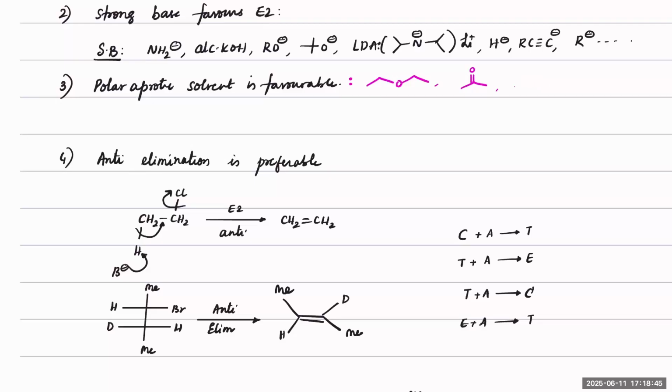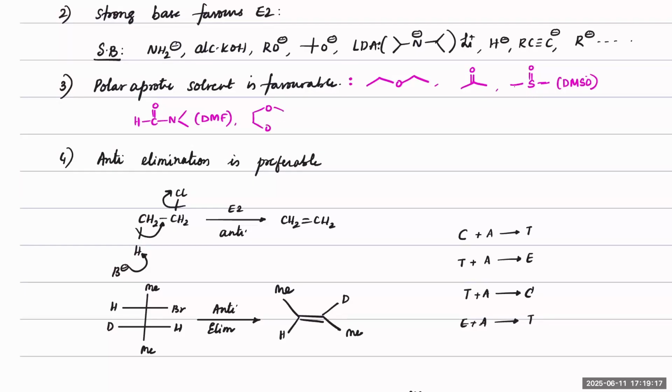DMSO is this one, with a double bond to O. This is DMSO, dimethyl sulfoxide. Got it? Then DMF, that is HC double bond N with two methyls. So one is DMSO, the other one is DMF.